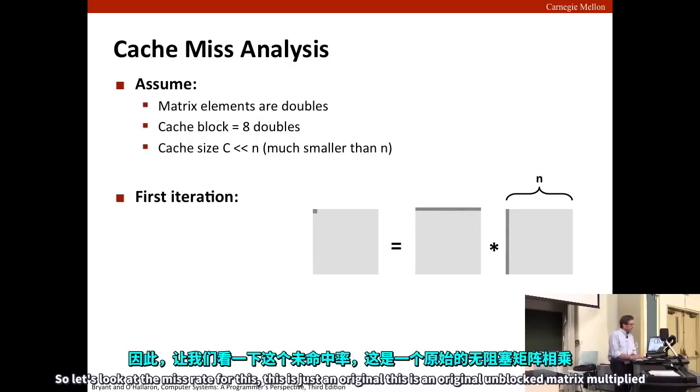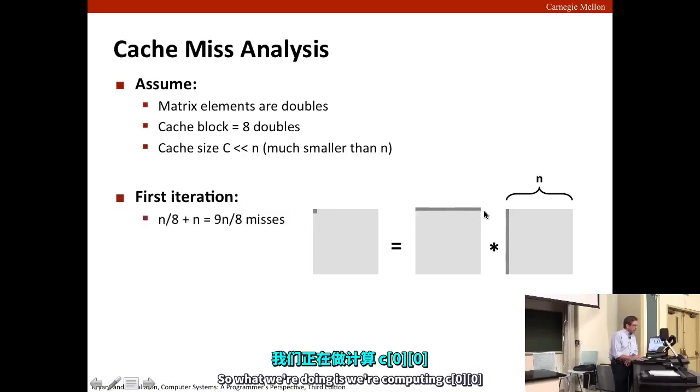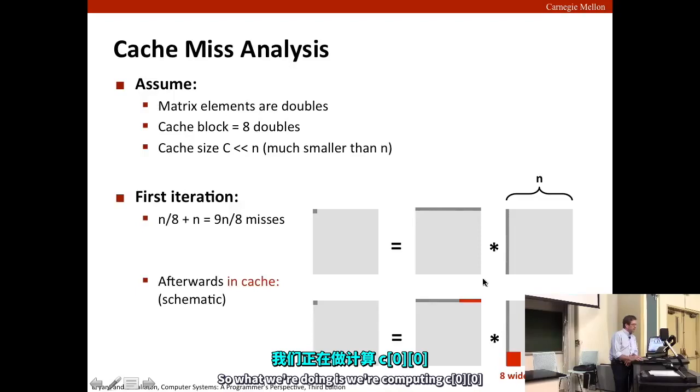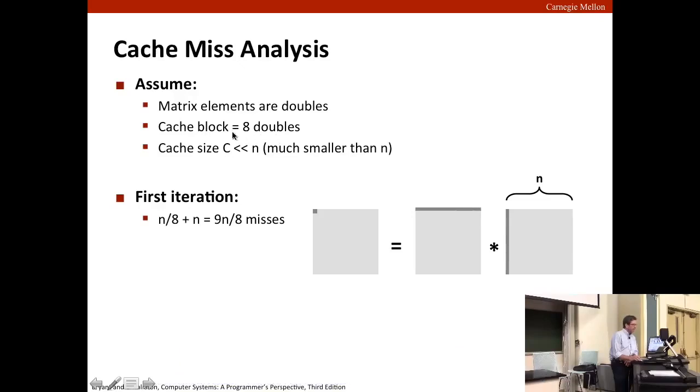So let's look at the miss rate for this. This is just our original unblocked matrix multiply. What we're doing is computing C00, and we're doing that by taking an inner product of row 0 and column 0.